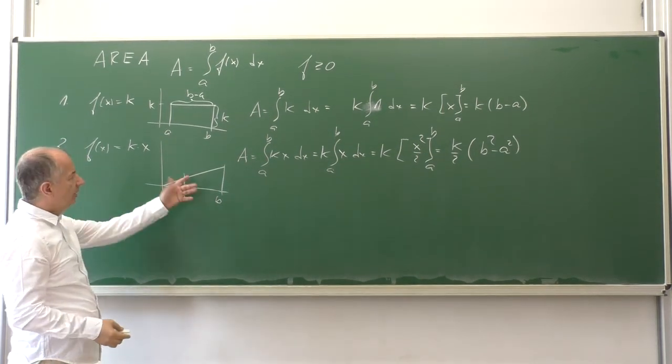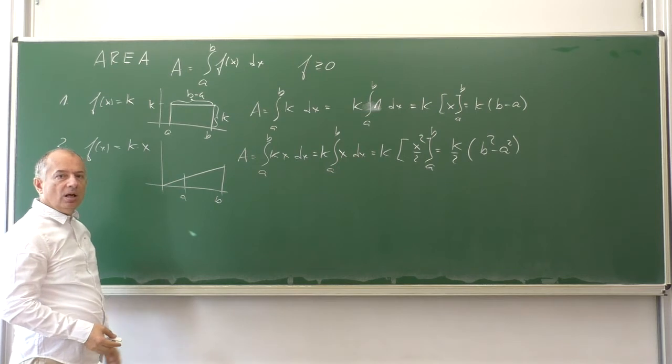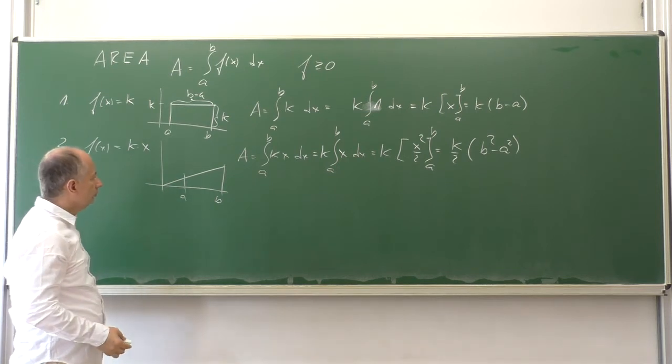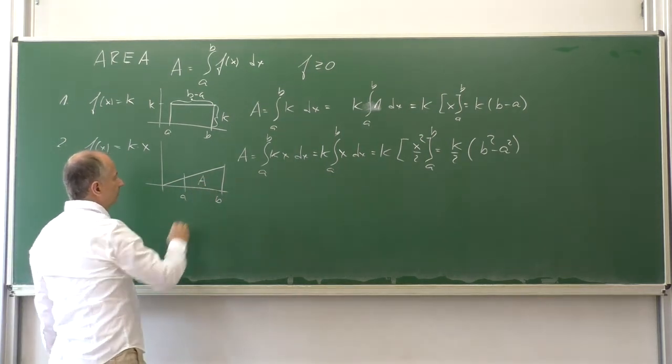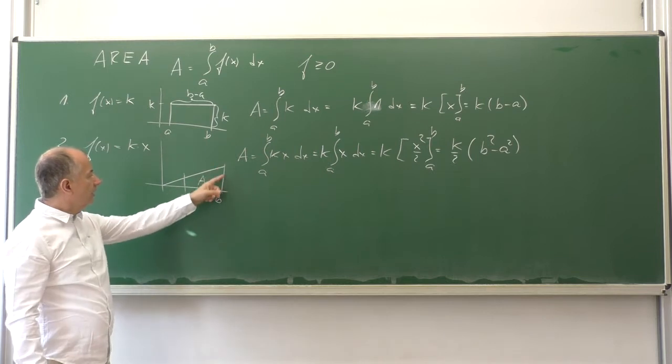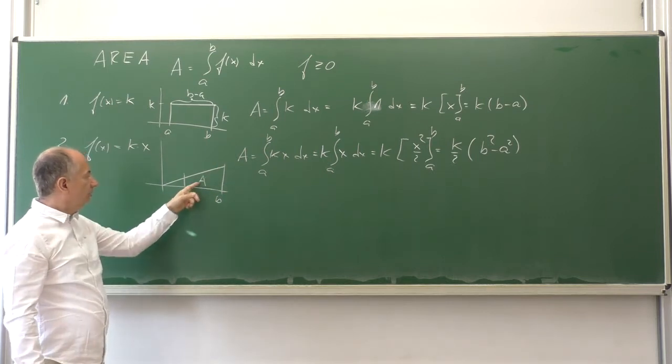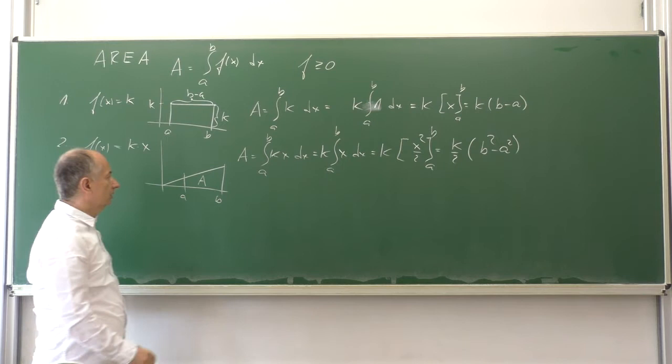Well, is it in agreement with some simple geometrical arguments? This area can be considered as this large triangle minus the area of the small triangle.